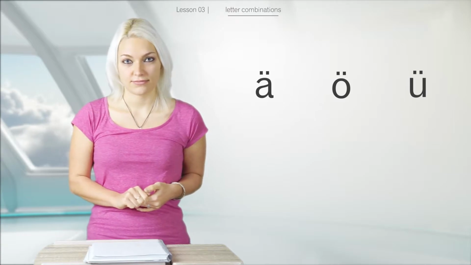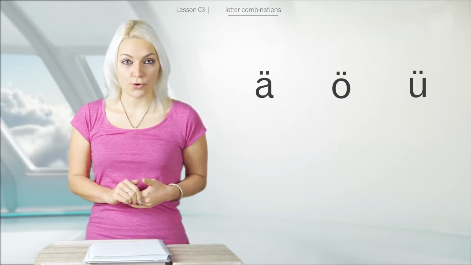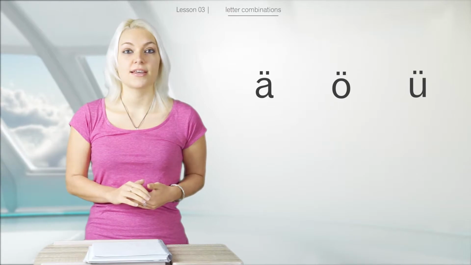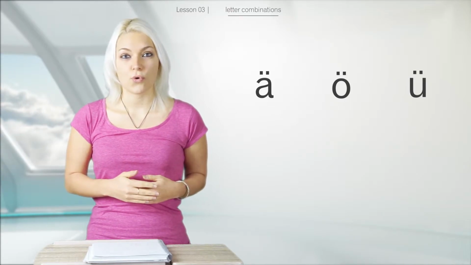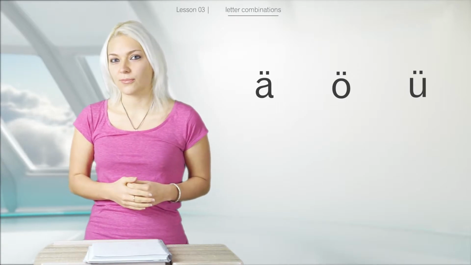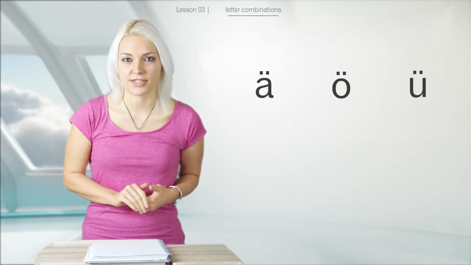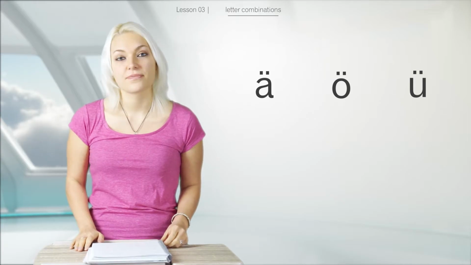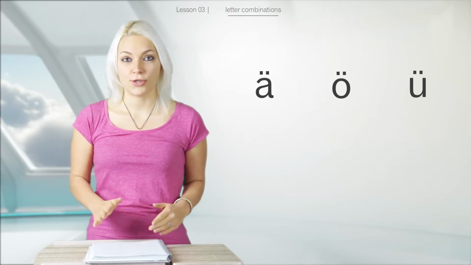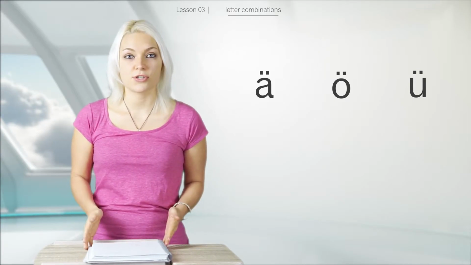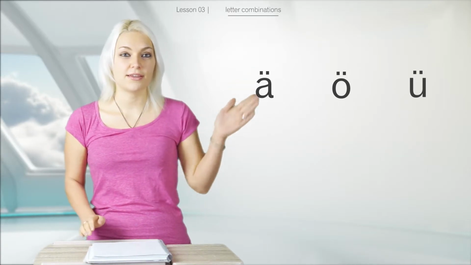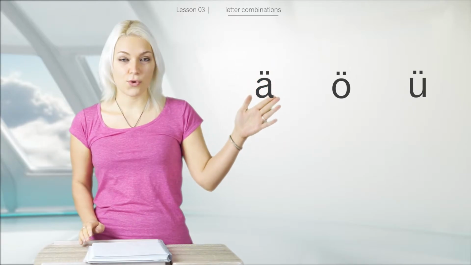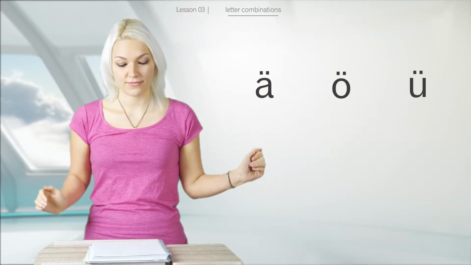The O with 2 dots becomes Ö. It's a sound that you might know from French, but very particular to the German language as well. Then we have the U with 2 dots, which becomes Ü. So those 3, Ä, Ö, Ü.